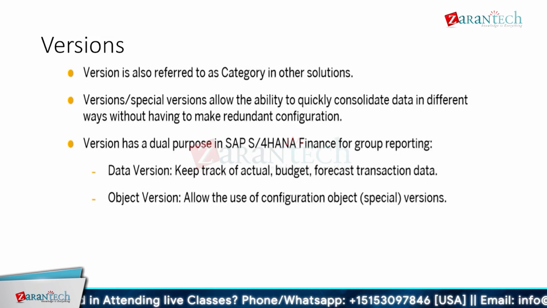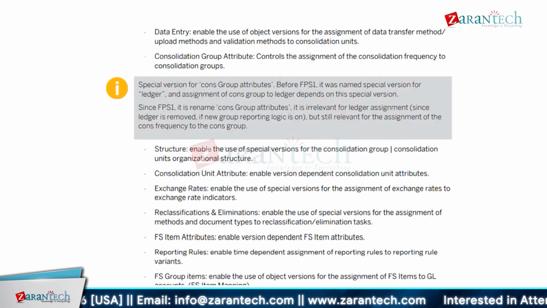Those are used in a dependent configuration when we do further configurations of data collection, or any activity we put in, like a reporting rule. All that is a dependent configuration which we do for every step. We do that in the object version. You can see consolidation, exchange rate, reclassification, FS item attribute. All these are the different configurations or activities I perform, and for that I need a special version.